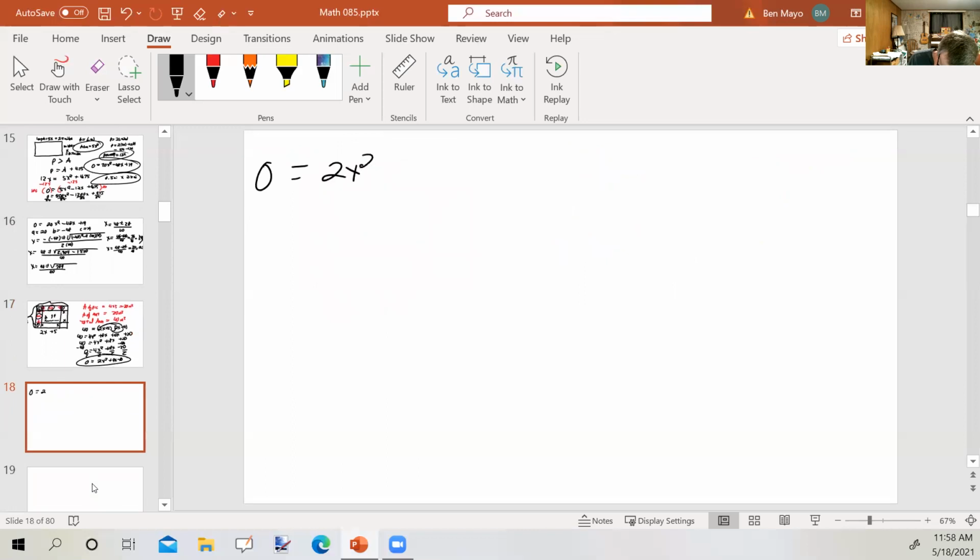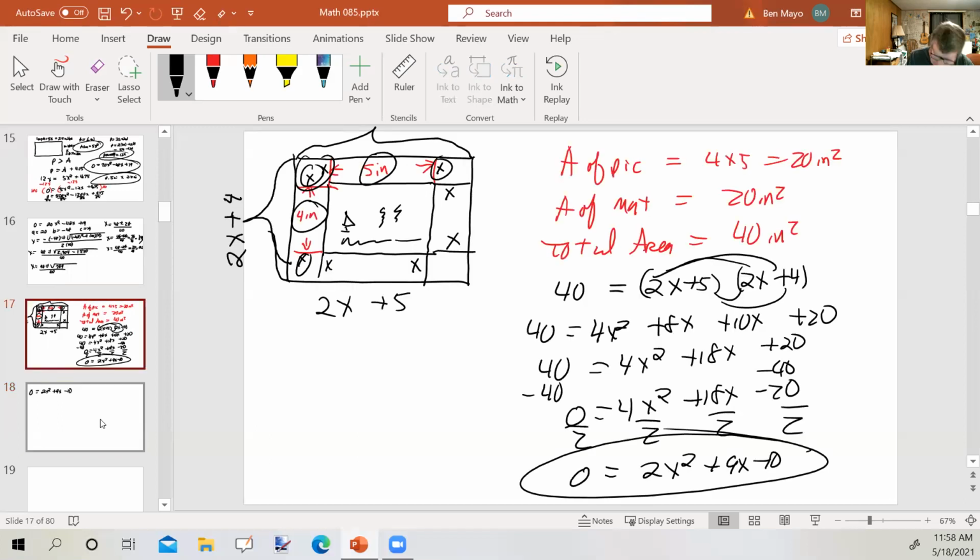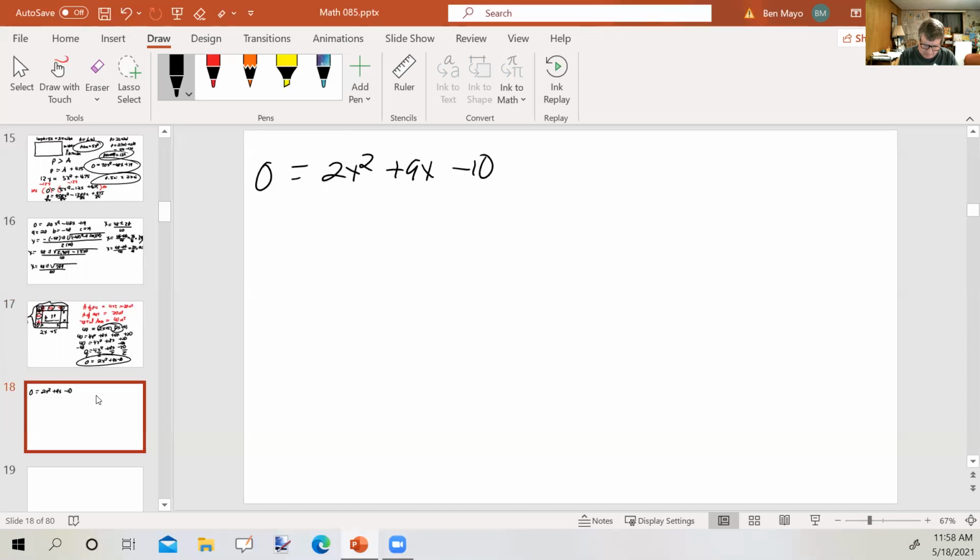0 equals 2x squared plus 9x minus 10. And let's use the quadratic formula on it.